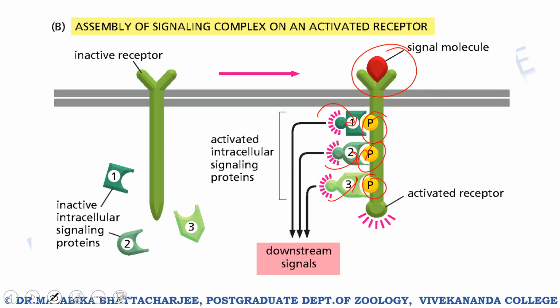One, as I said, is the SH2 domain, while some proteins have another kind of domain which is known as the phosphotyrosine binding domain. So it's either via the SH2 domain or via the PTB domain that the intracellular signaling molecules interact with these receptors.